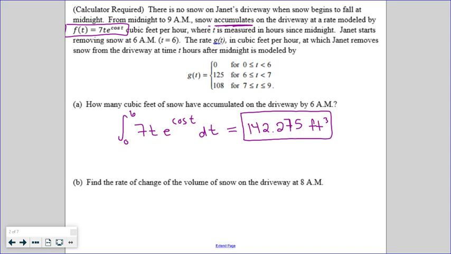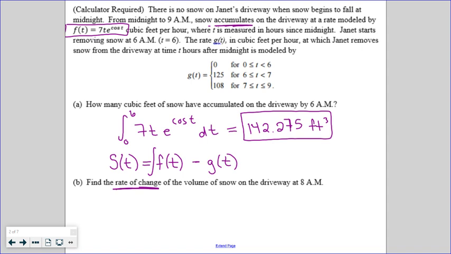Next, find the rate of change of the volume of snow on the driveway at 8 a.m. If we're talking rate of change, let's say we allowed our total amount of snow to be the function s of t. That would be the combination of how much is accumulating, f of t, minus how much is being removed, g of t, and the total amount of snow would be that integral.